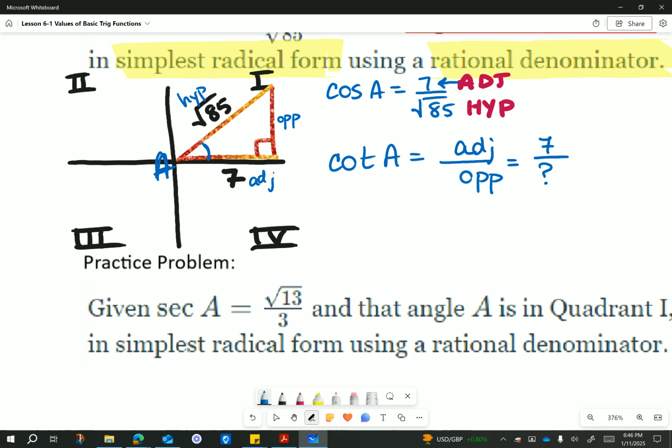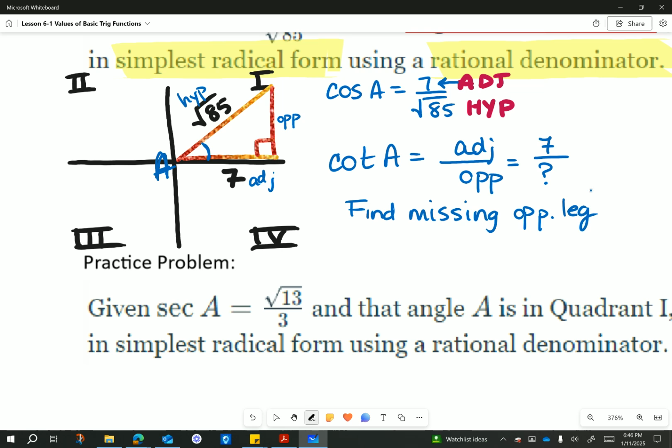So just like we did earlier, we are going to find the missing leg, which is the opposite leg, by using the Pythagorean theorem. Leg squared plus missing leg squared equals square root of 85 squared.